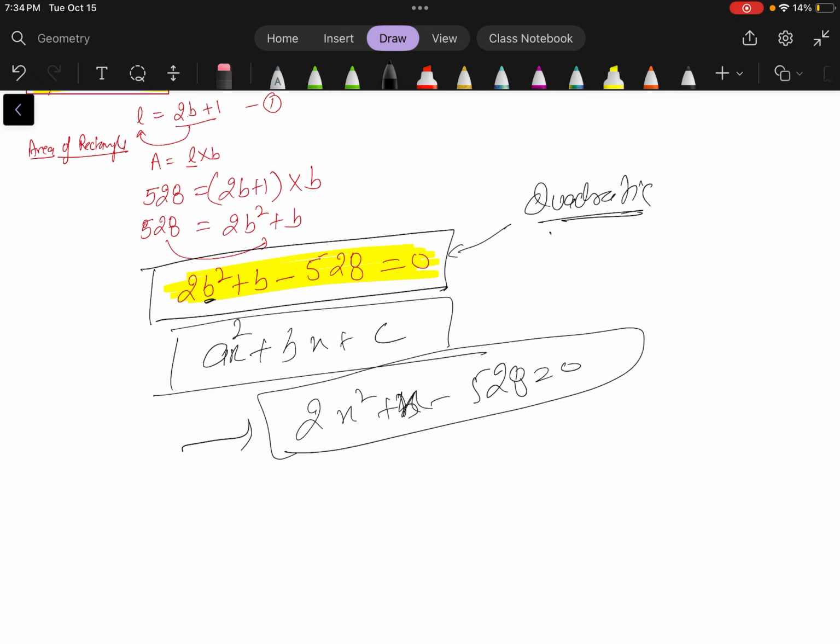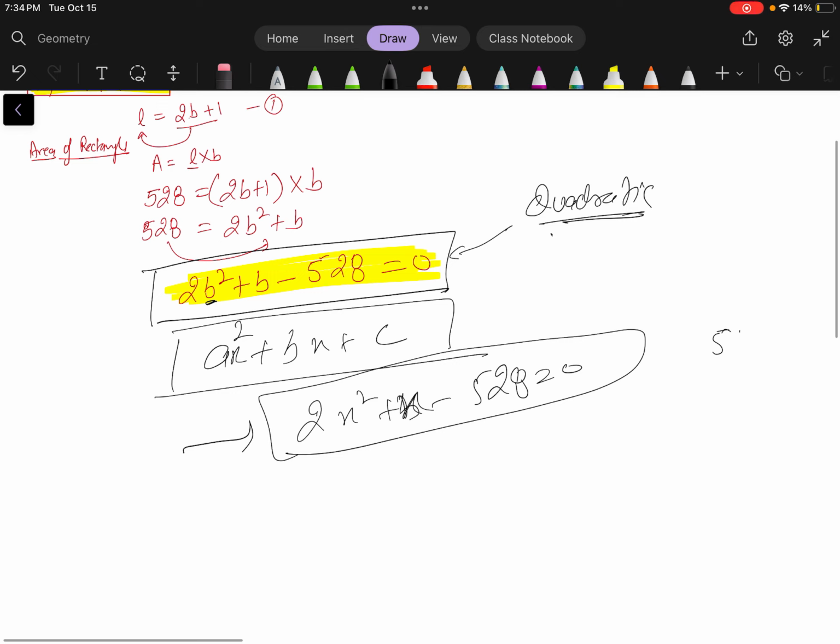So we'll calculate now. Okay, let's multiply this one. 528 multiply by 2. So when you multiply this one, what is the result over here? So this is 1056.